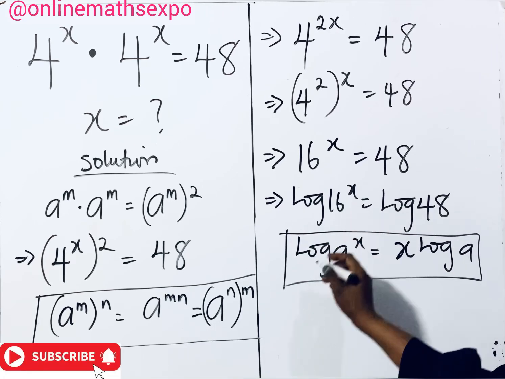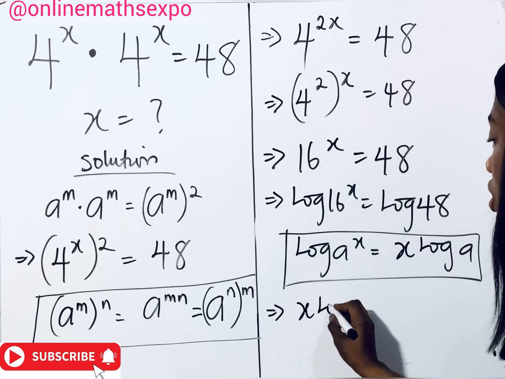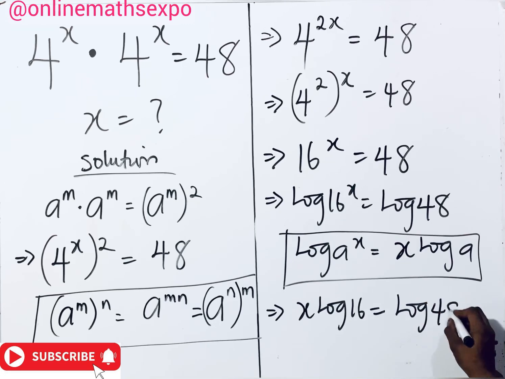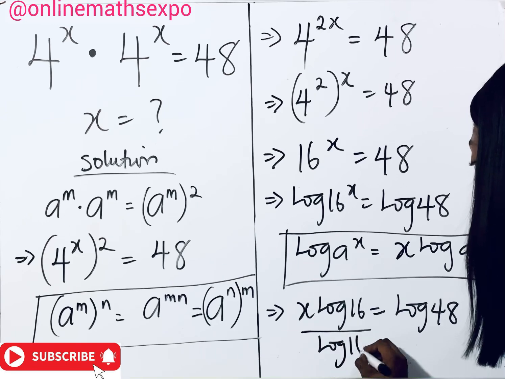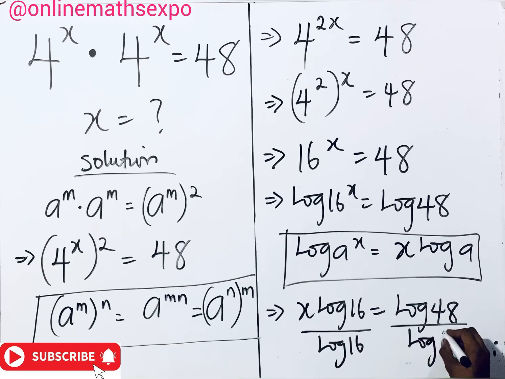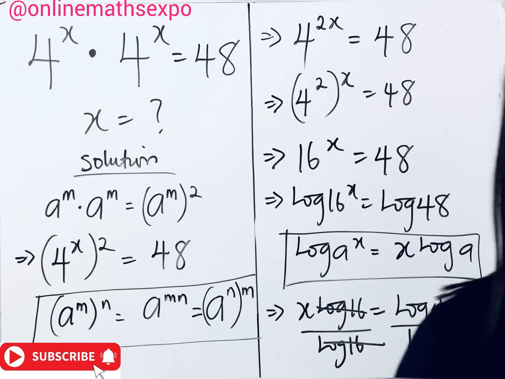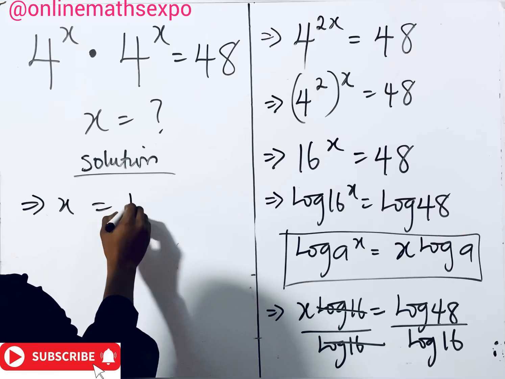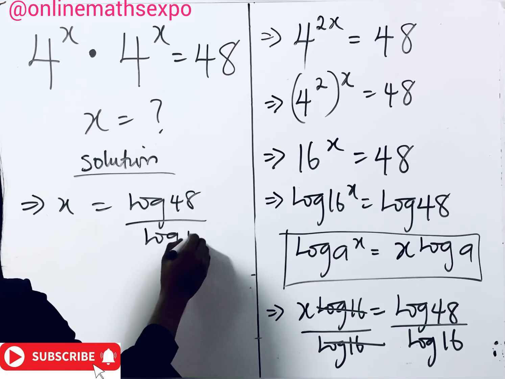Now if you apply it here, we have x log 16 is equal to log of 48. Now divide both sides by log of 16 so that you can get your x. If you do that, this will cancel out, so we have x is equal to log of 48 divided by log of 16.